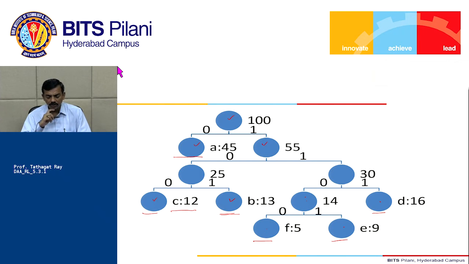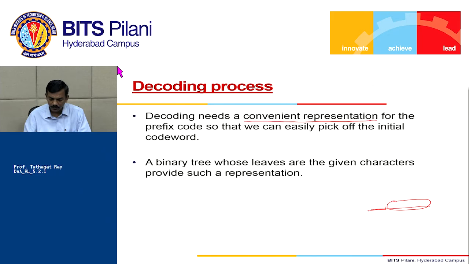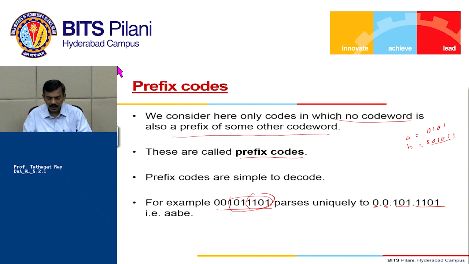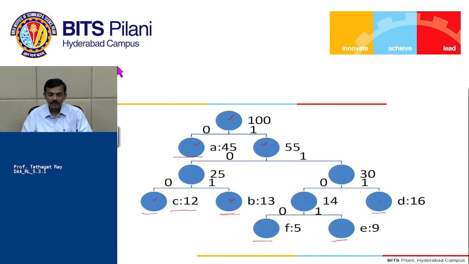Also note that this is the representation of the variable length encoding we just showed here. Here A, B, C, D, E, F, we showed a certain encoding in this bottom row. That's the variable length encoding, and this binary tree is capturing that encoding.